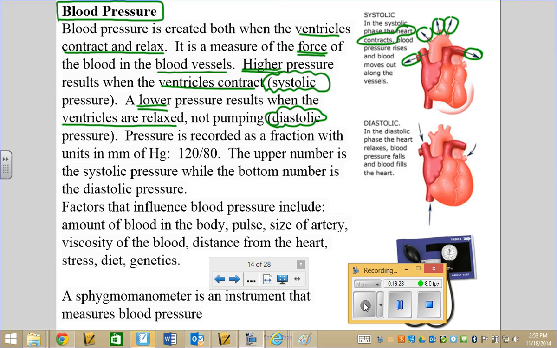And so the word systolic and the word start both start with S. When I think about this, I think that systolic is the start. It's when blood first leaves the heart.